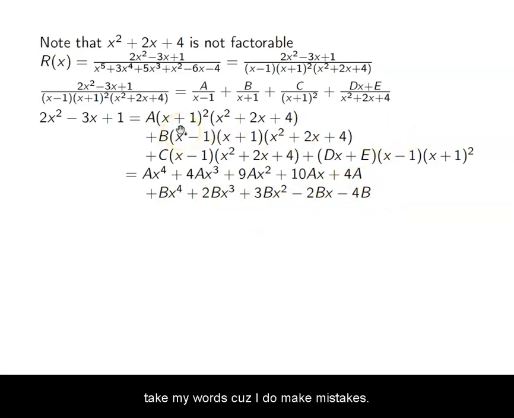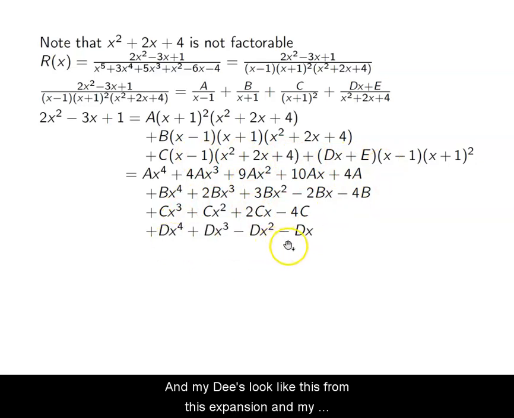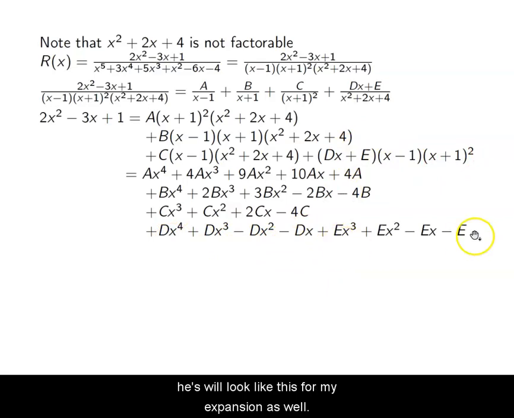Okay, never take my word because I do make mistakes, although I'm pretty sure I did it right. And then my c's will look like this once I multiply this out and simplify everything. And my d's will look like this from this expansion, and my e's will look like this from my expansion as well. So I have all my a's, all my b's, all my c's, all my d's.